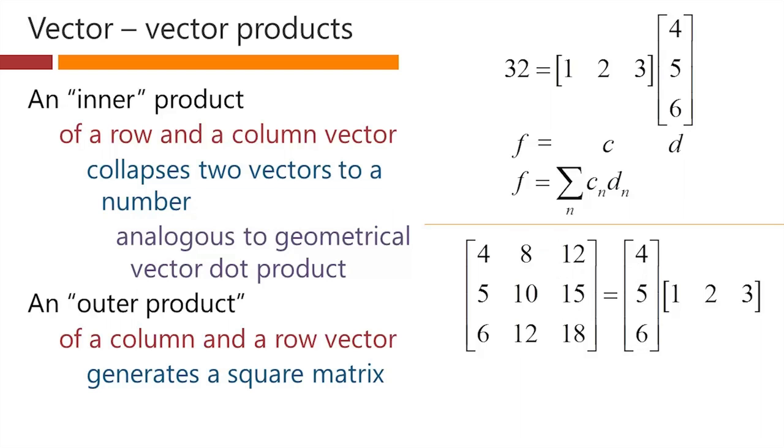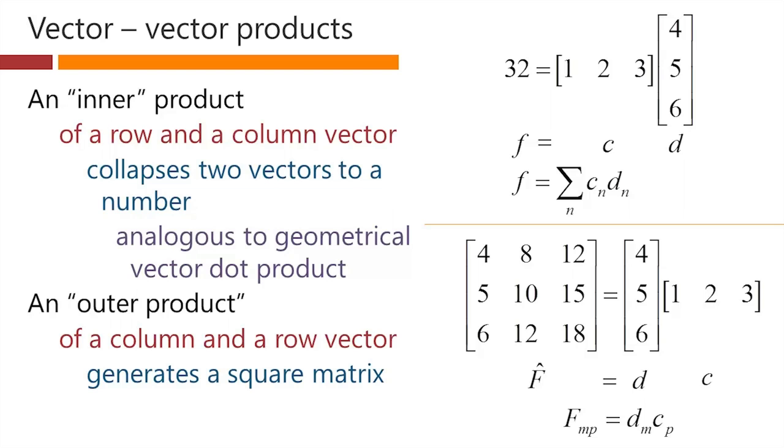It's kind of the opposite of what happened with the inner product, where they combined to give us just one number down here. And again, we can write this out in algebraic form. So now we're forming a new matrix, F here, and it's a product of the column vector D and the row vector C. Again, this notation is a little insufficient because it's not making it clear whether either of these is a row or column vector, but we know they are from here.